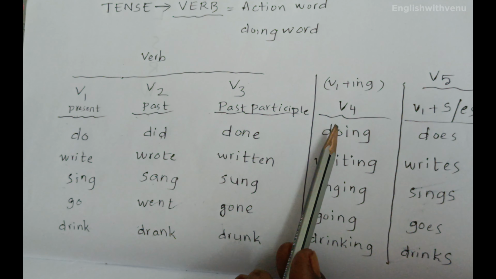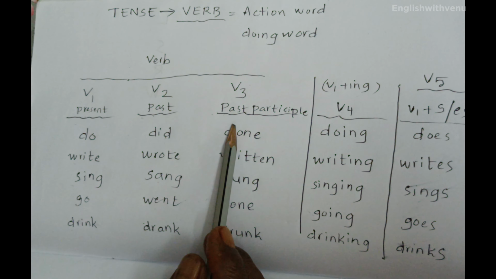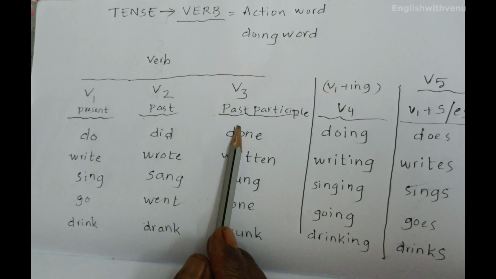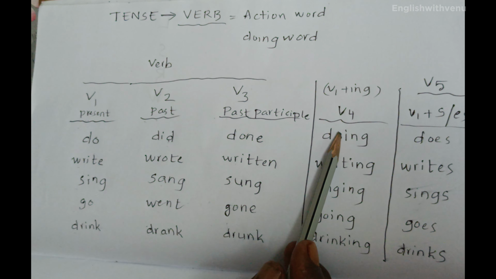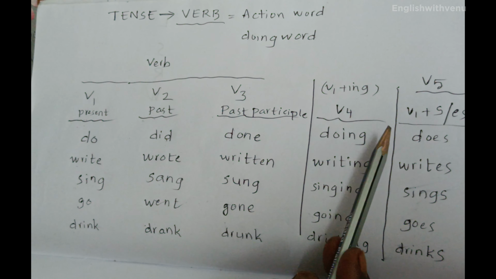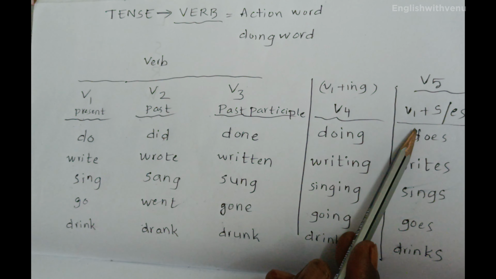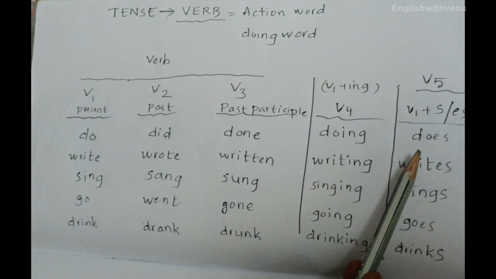We call it present participle. Third form of the verb is known as past participle, and the fourth form of the verb is known as present participle. And from the first form, we can extract one more form, that is V5. This is the fifth form of the verb.